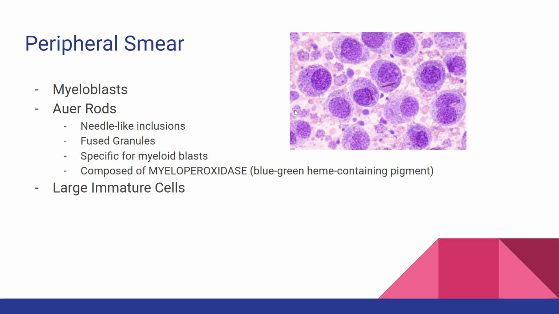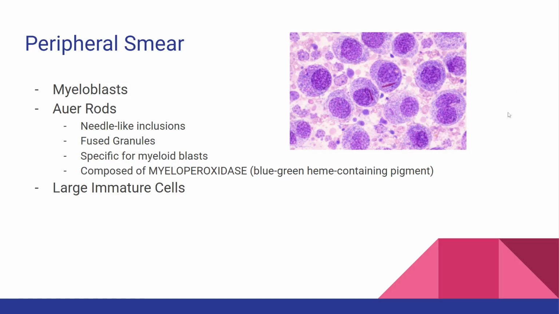And then you just have to remember that the Auer rod is composed of myeloperoxidase. I'm sure you guys have heard of that. You have to know this picture. This is the most important thing from this presentation. You have to know this picture, or else you're going to get the question wrong.